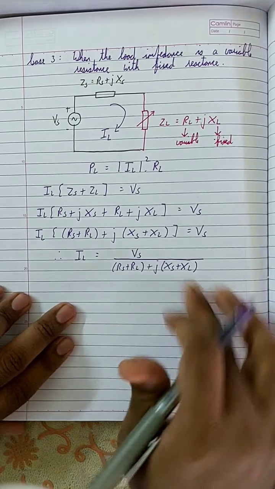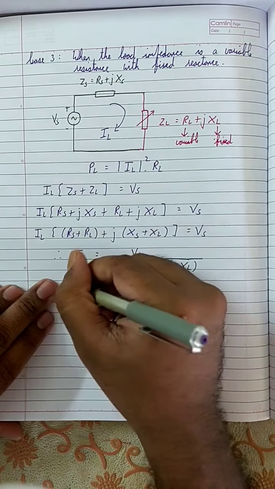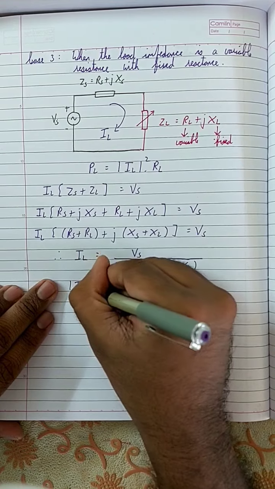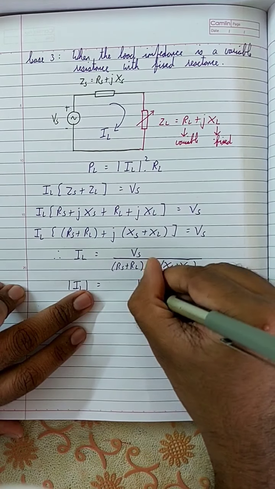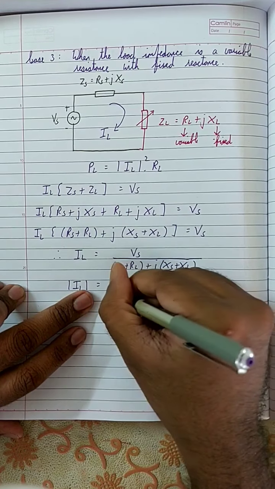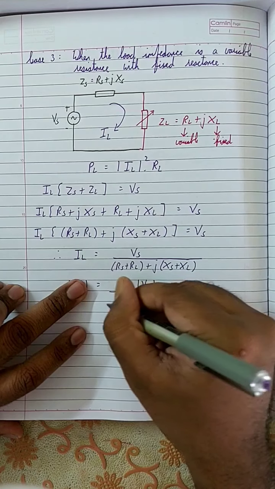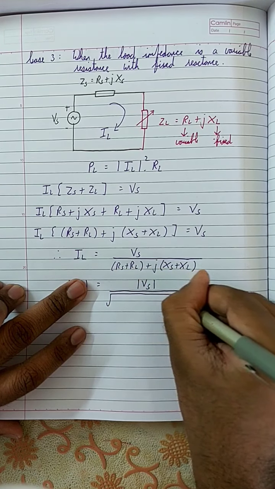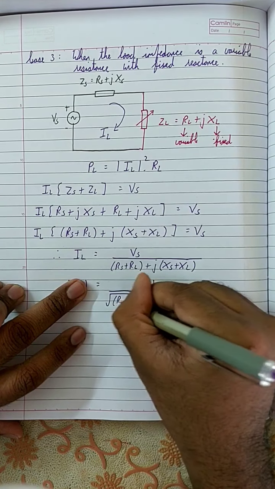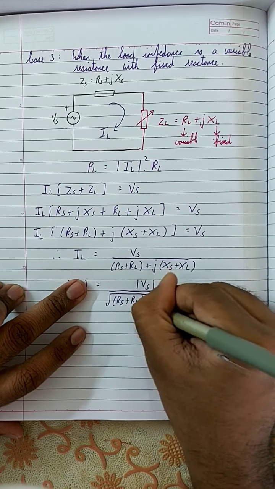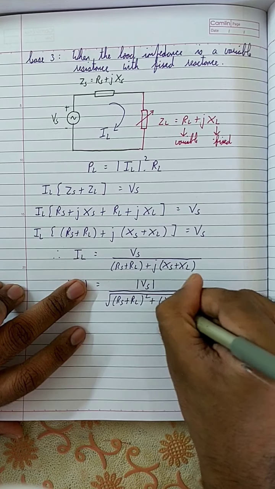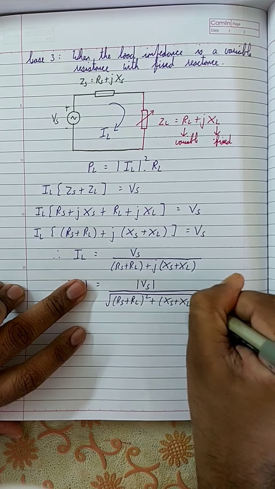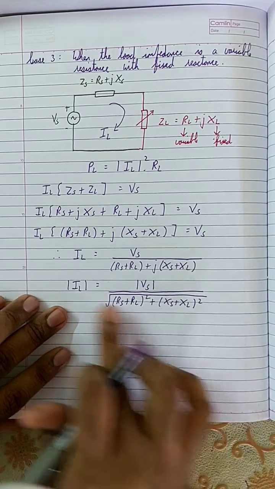Okay, and therefore the magnitude of IL is the magnitude of the numerator, that is magnitude of Vs, by the magnitude of the denominator, which is root of (Rs plus RL) the whole square plus (XS plus XL) the whole square. This is the magnitude of IL.